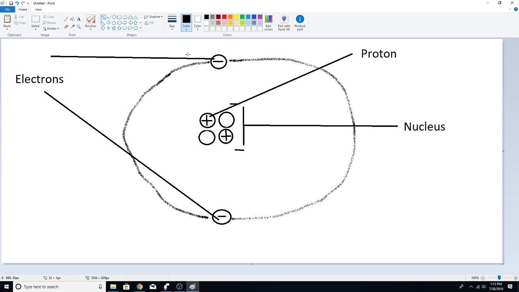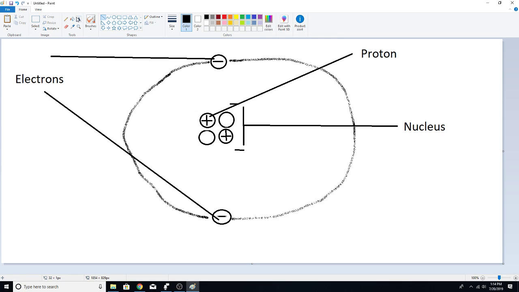They orbit the atom, and for a completely neutral atom, you need the number of protons to equal the number of electrons. So the charge is 0, because for each proton there is a plus 1 charge. We can tell here that there are 2 plus charges and 2 minus charges, so the overall charge of the atom is 0.